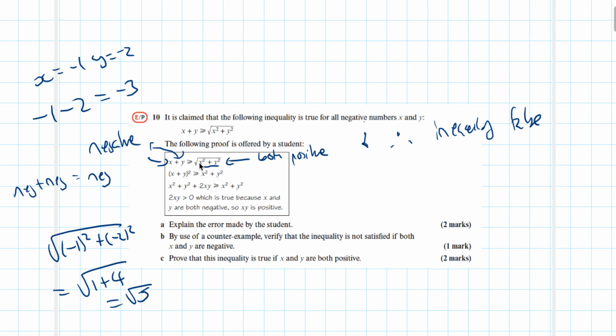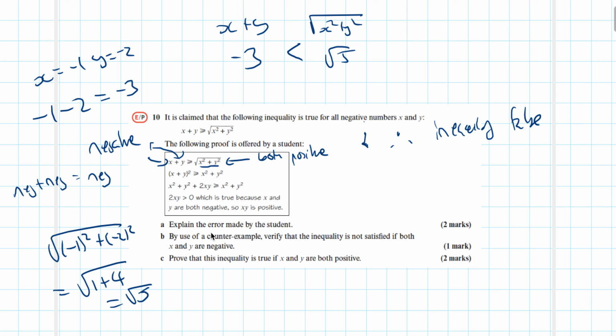And x + y is −3, and the root of x² + y² is equal to root 5. So −3 is less than root 5, so this first line is not true at all. So we kind of answered two questions there.